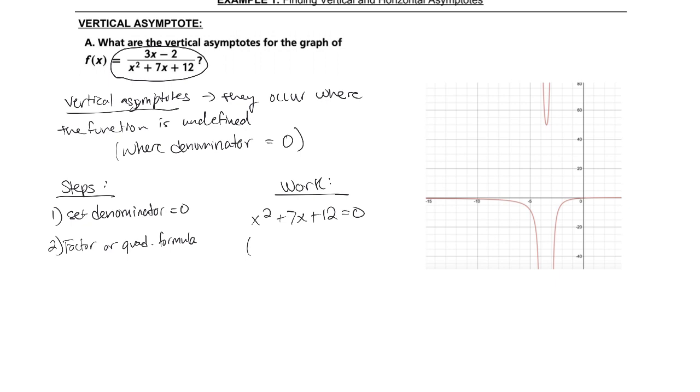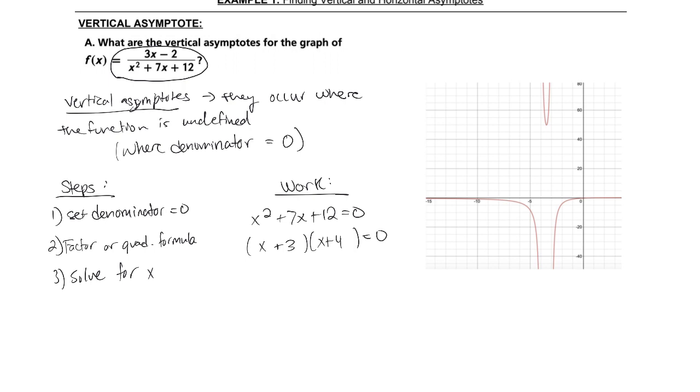All right, so this is factorable, so it's easier to factor it. And then the third step would just be solve. All right, so we get x plus 3 and x plus 4, factors of 12 that add to 7.